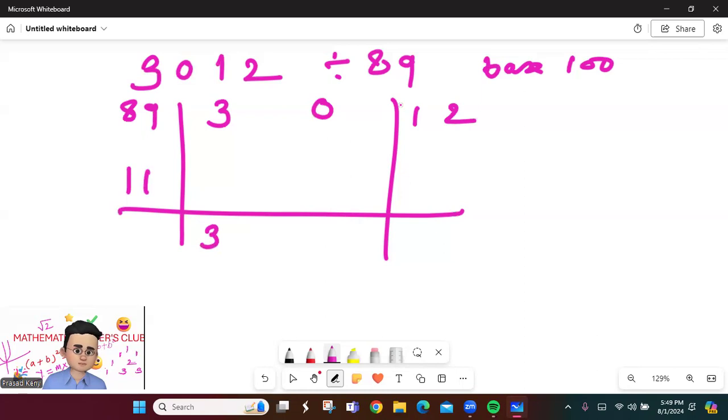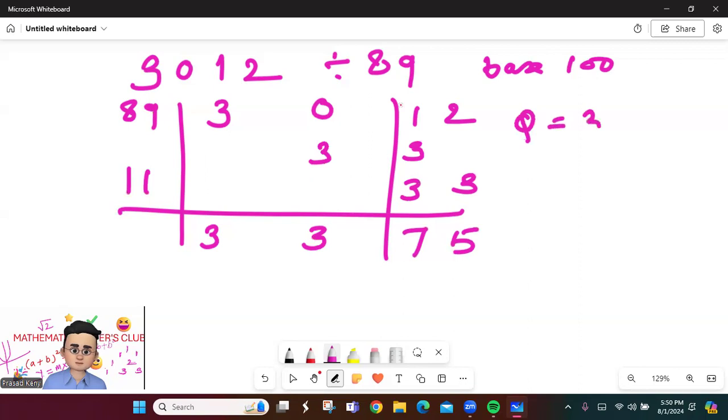I'm multiplying this 3 by 11. That gives me 33. So the second quotient figure will be 3. Again, I am multiplying 3 by 11. That gives me 33 again. And this is 57. So the quotient is 33 here and the remainder is 75. So, sir, please tell me whether my steps are correct or not, and whether my answer is correct.